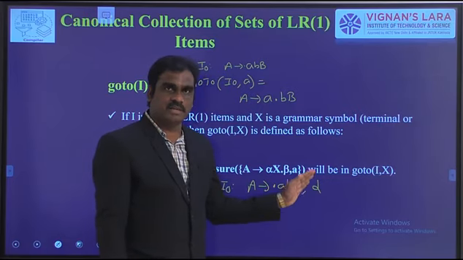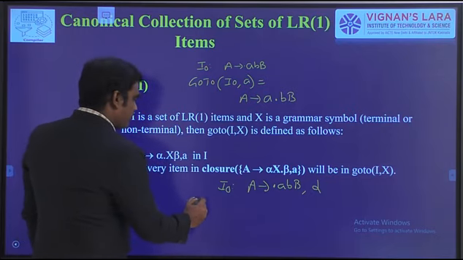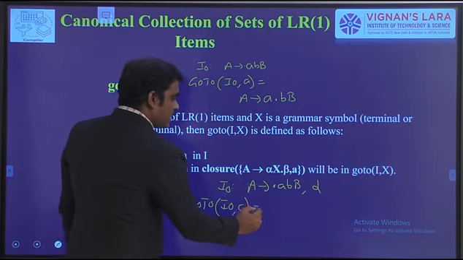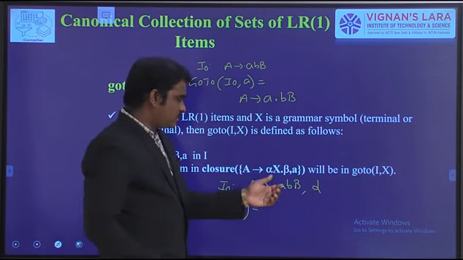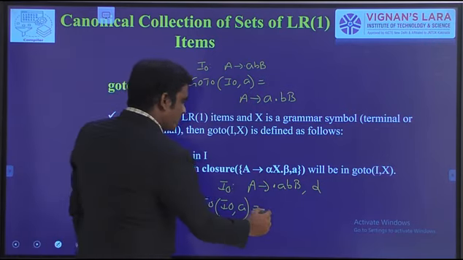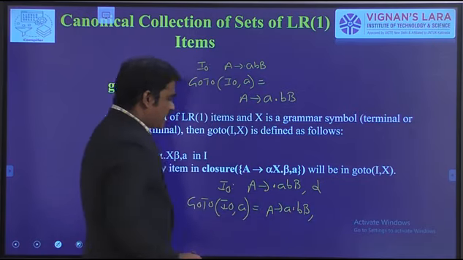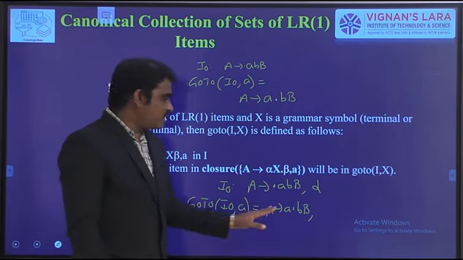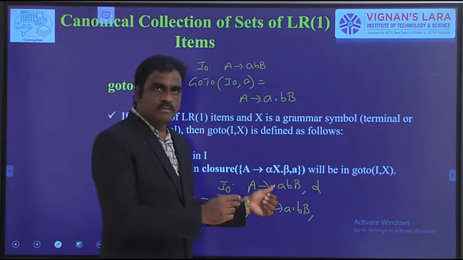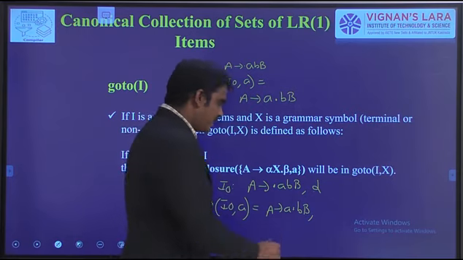Now perform go to operation, go to of I0 with grammar symbol A. Now the result is like this. The main purpose of the go to is that dot is moving to the right hand side. So A → A dot B B. Whenever we are performing the go to operation, there is no change in lookahead symbol. Simply dot is moving to the right hand side: A → A dot B B, and the lookahead symbol is d.